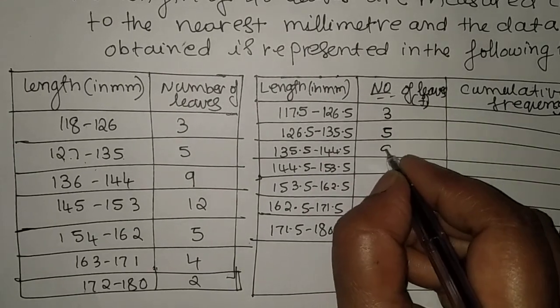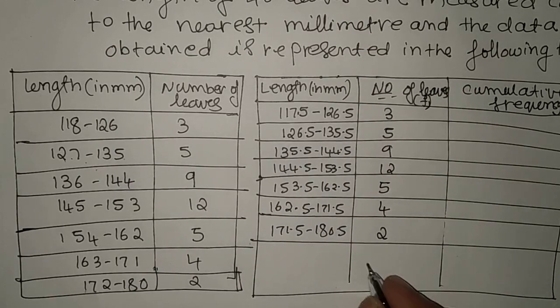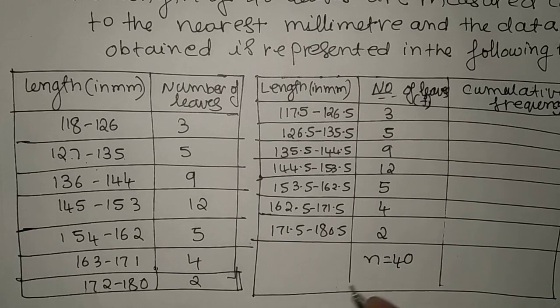Frequencies: 3, 5, 9, 12, 5, 4, 2. N is equal to 40.